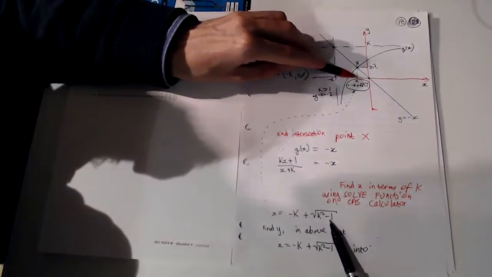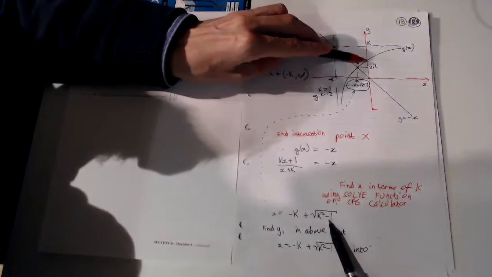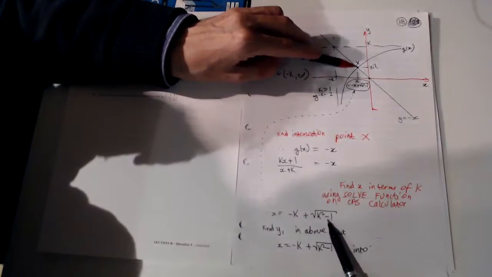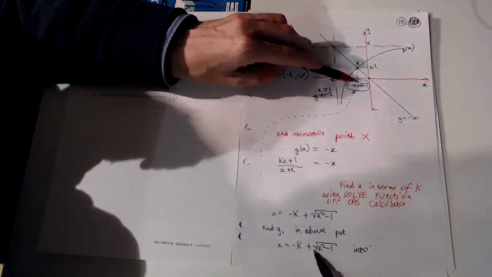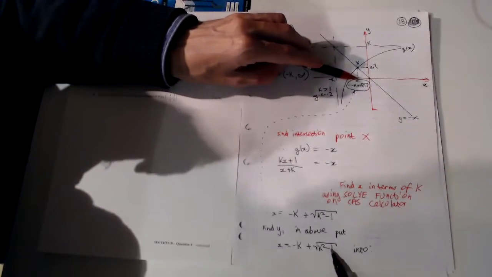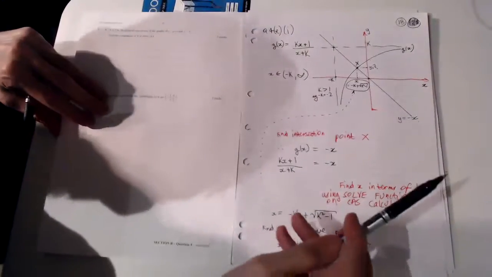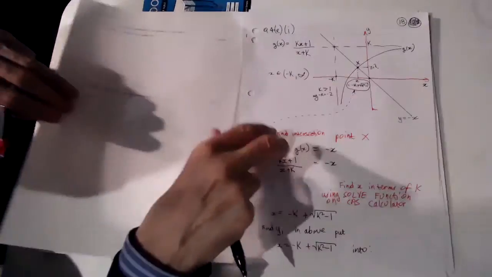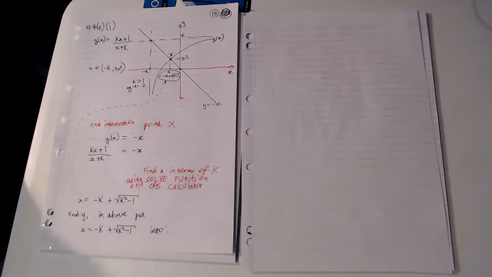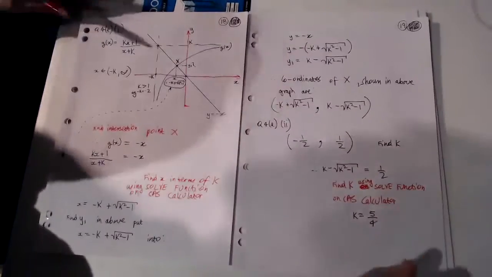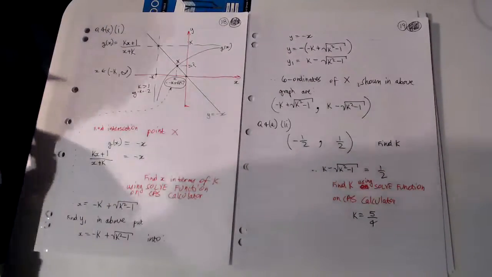At which point we're going to find the corresponding y coordinate of that intersection point by putting x equals negative k plus square root of k squared minus 1 into the line y equals negative x, because that's the quickest way of getting the answer. And that's what I've done on the next page of the worked out solutions.